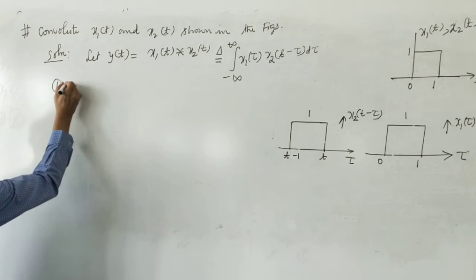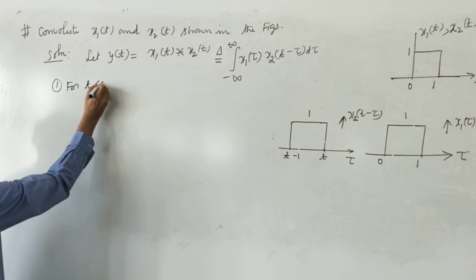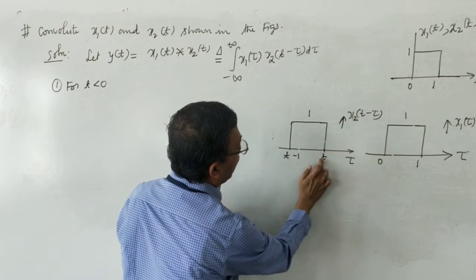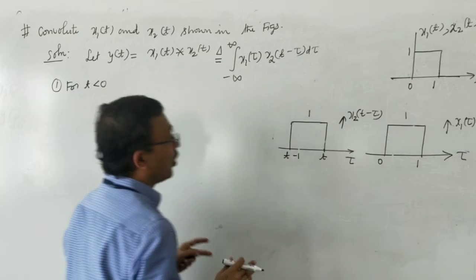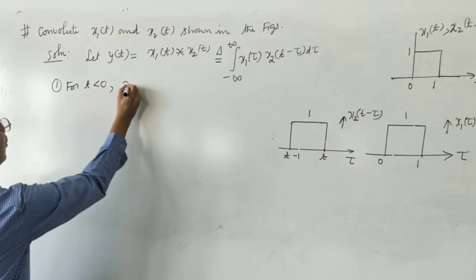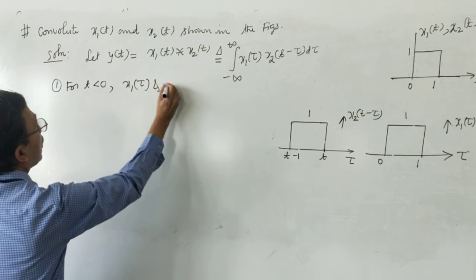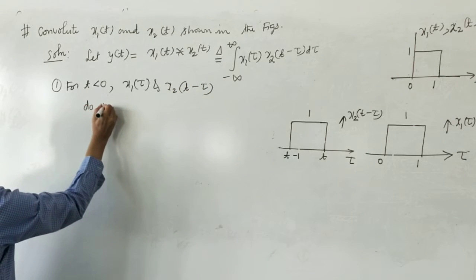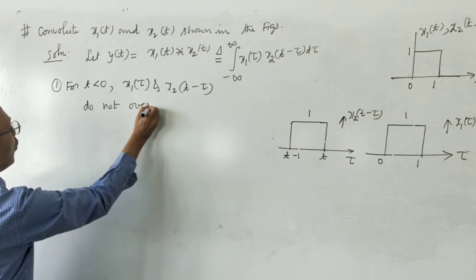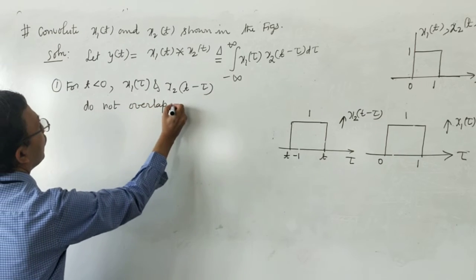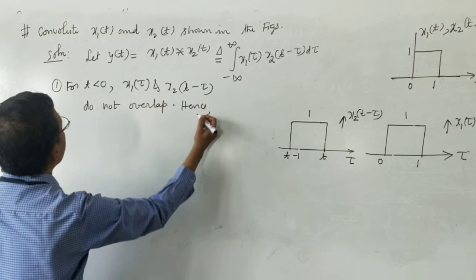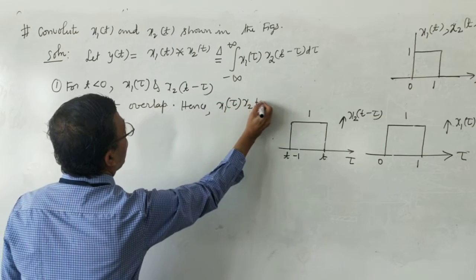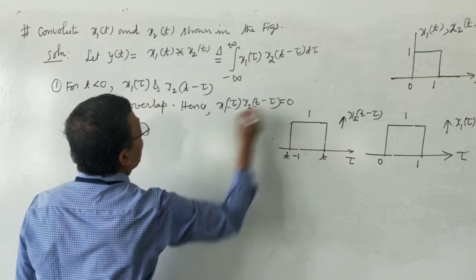First case, for t less than 0. For example, if t is minus 1, definitely these two figures do not overlap. For t less than 0, x1 of tau and x2 of t minus tau do not overlap. Hence x1 of tau into x2 of t minus tau equals 0.